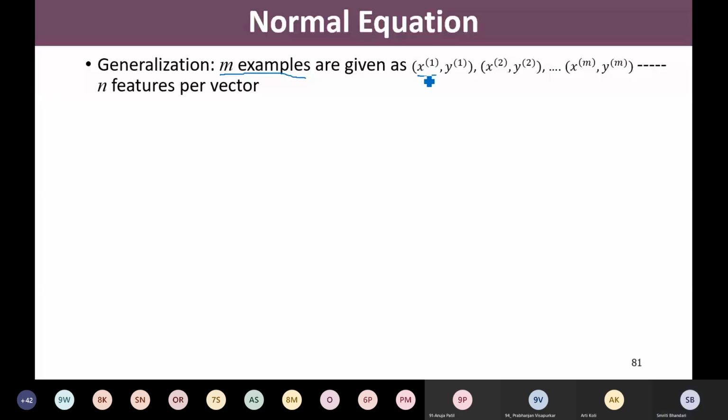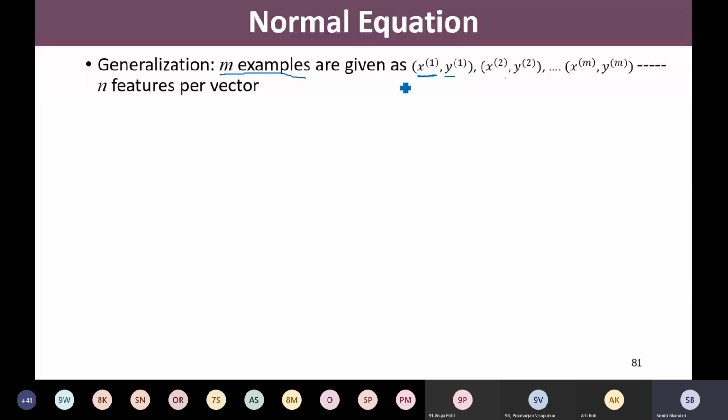So x1 is the feature vector for the first example, and y1 is the actual output associated with this first example. Similarly, we have m examples, so we have these values given in our training data set: x1, y1, x2, y2 up to xm, ym.